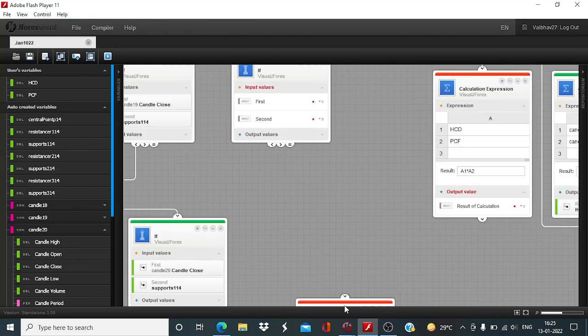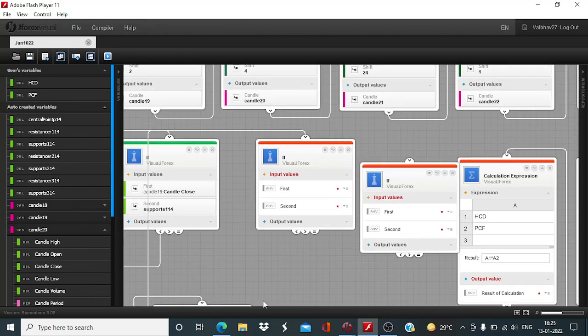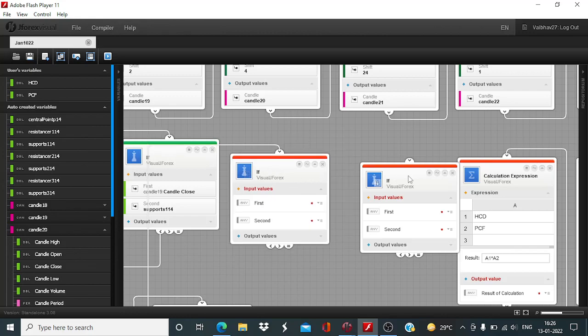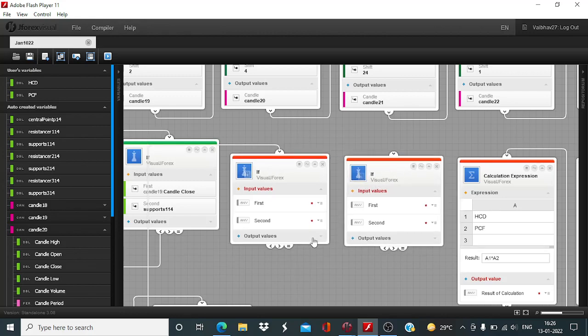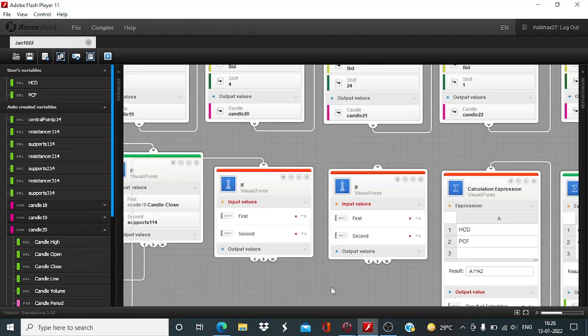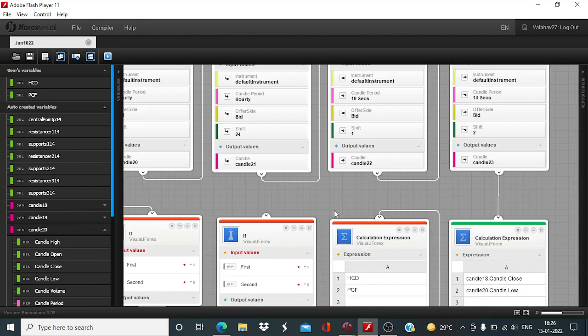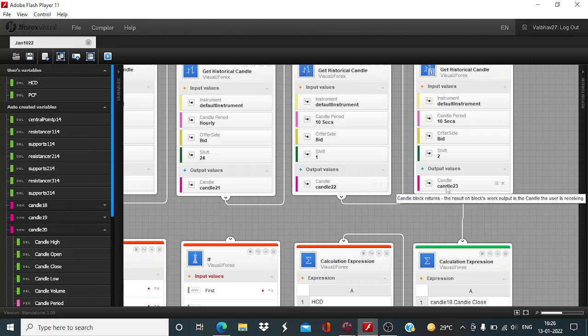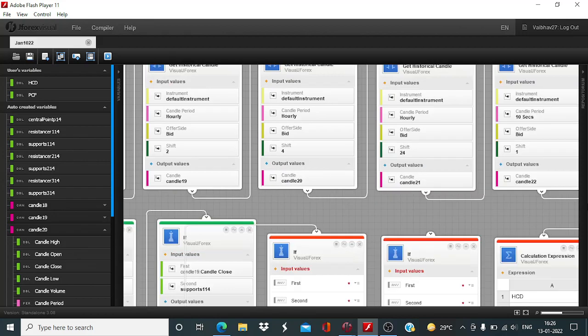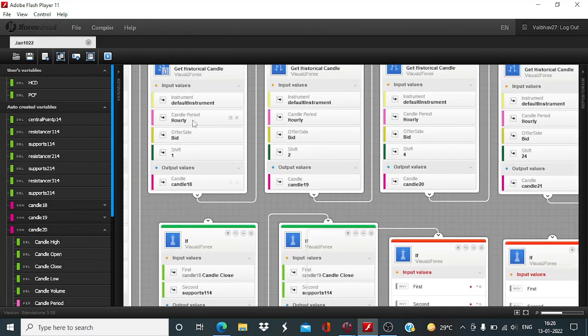Now the trade will be initiated as and when we have the price starting to climb above the closing value of the last hour. So that essentially means we have to take into consideration the candle 22nd and candle 23rd closing levels and compare it to the candle 18 candle close.